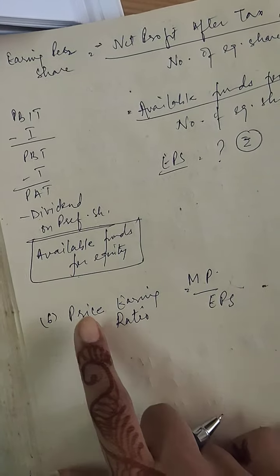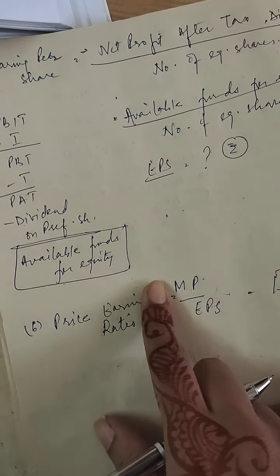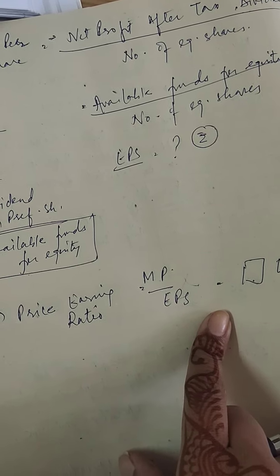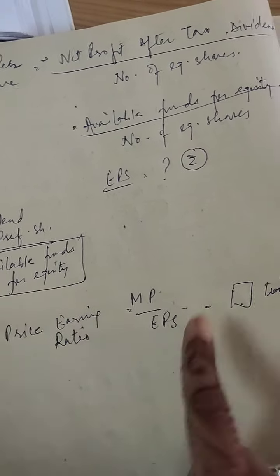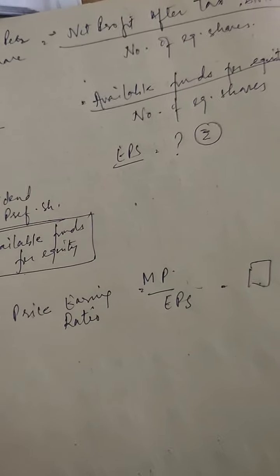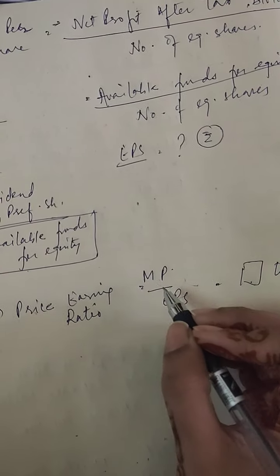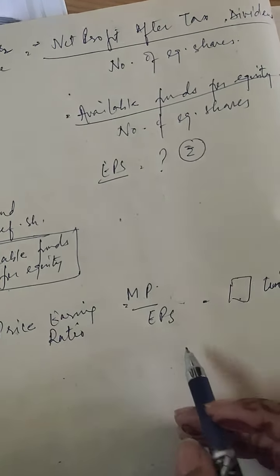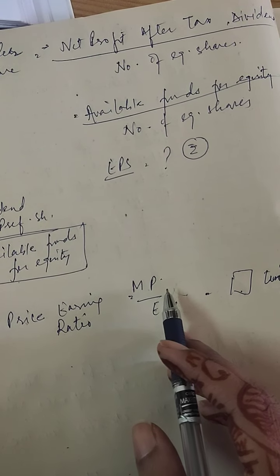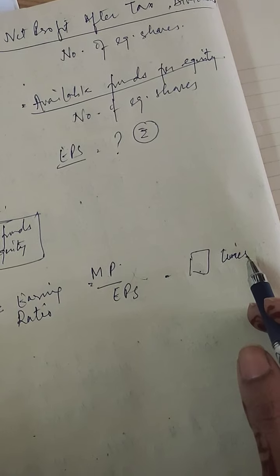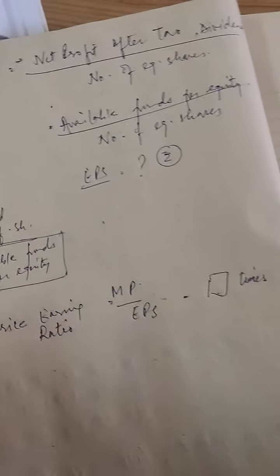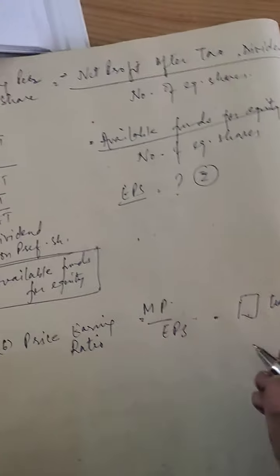And for price earning ratio, just write P and E, then make P as MP and E as EPS. So you will get to know the PE ratio, price earning ratio, that is, how much is your market price with respect to your earning. That means how much you are earning and how much is the actual market price existing in the market. So the answer will come in times. There is only one or two questions, maybe 87 and 88.